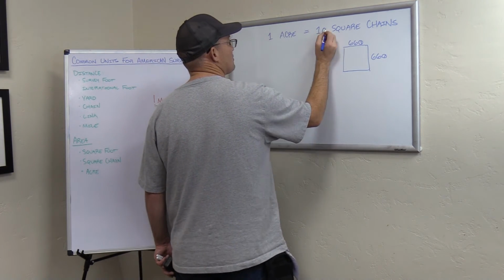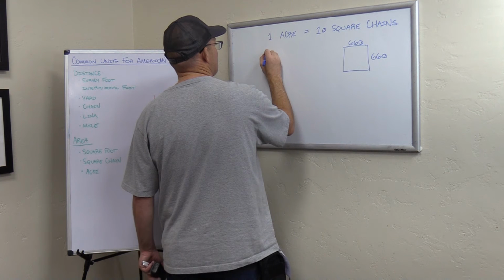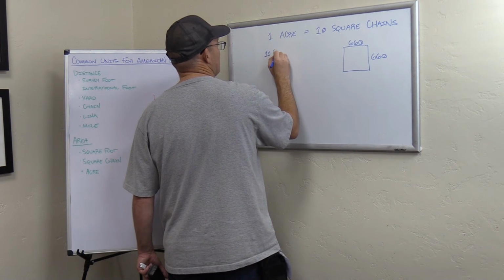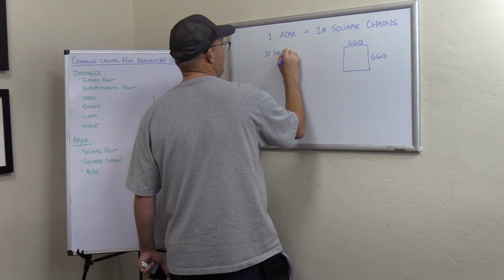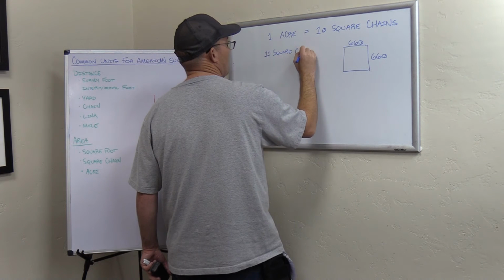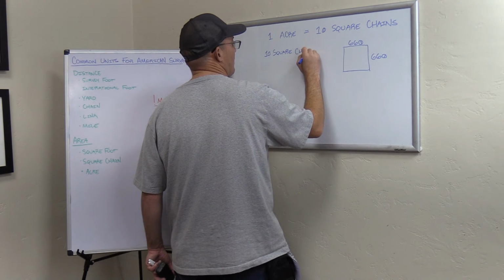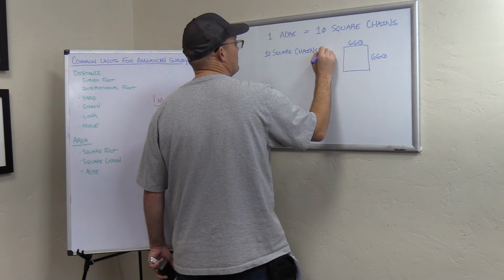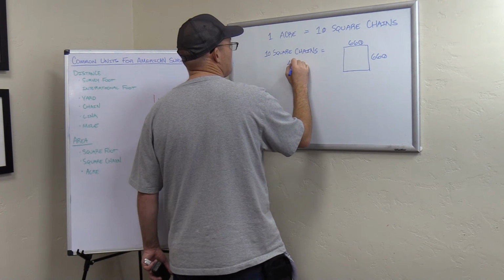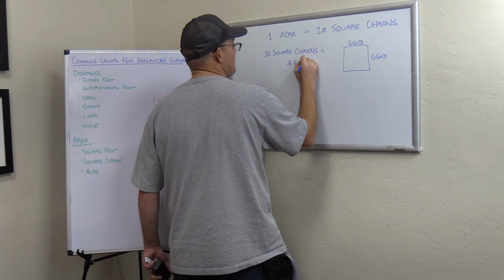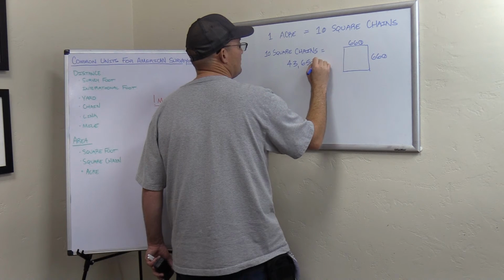So 1 acre equals 10 square chains, which equals 43,650 square feet.